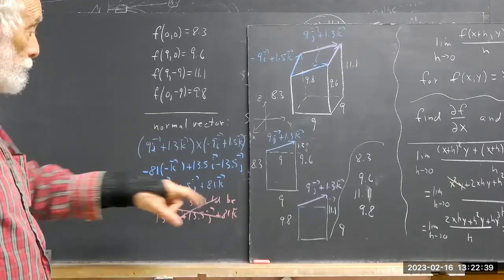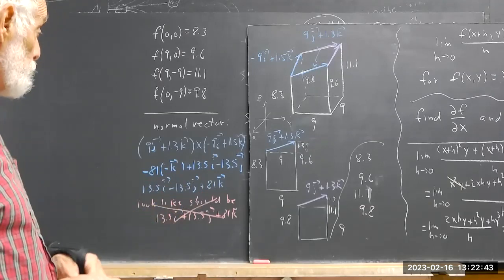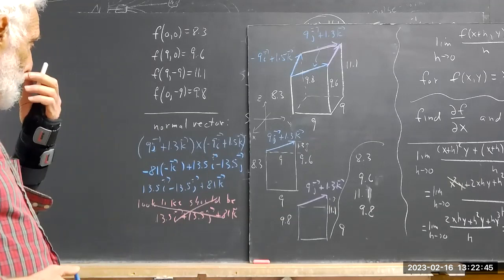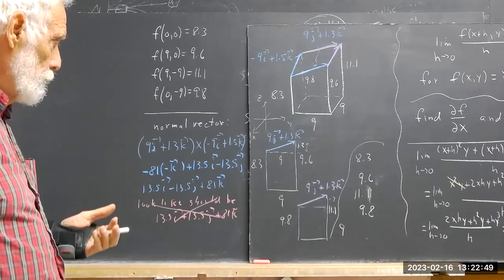So there it is. And now I want to make a unit vector out of it. I just divide by its magnitude. I'm estimating it's going to be 20, 80, and it's 400.